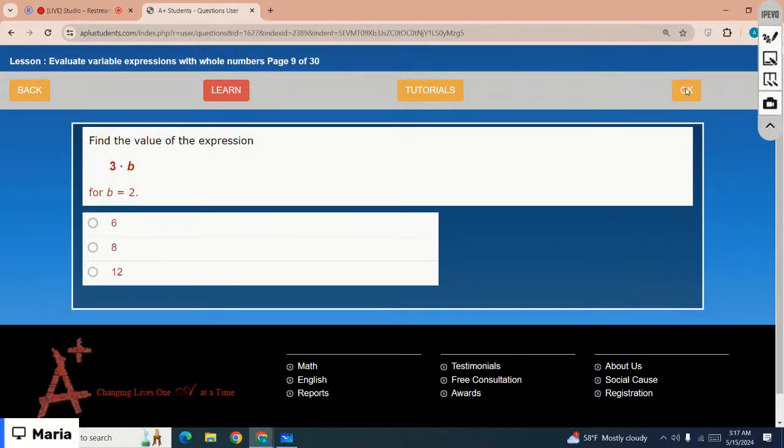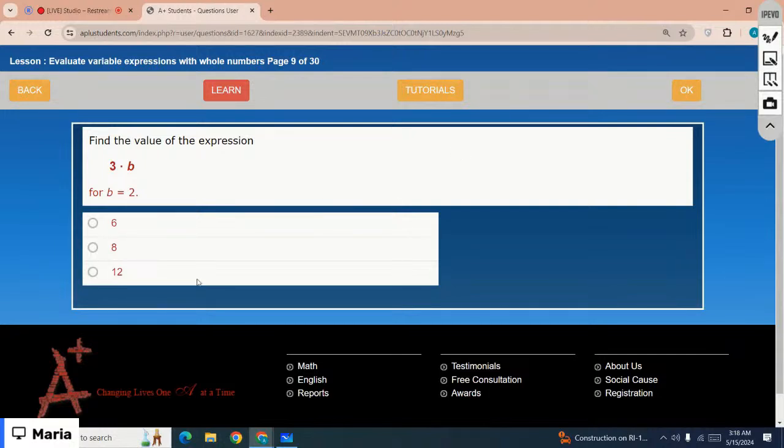Okay, the next one is find the value of the expression 3b for b equals 2. Yes, that is 6. The correct option is 6.